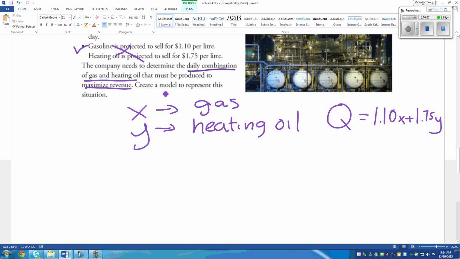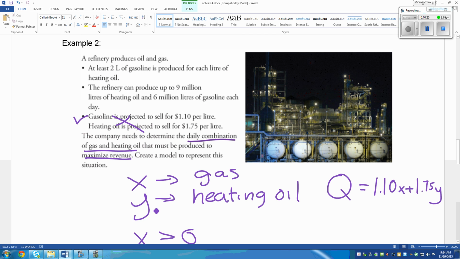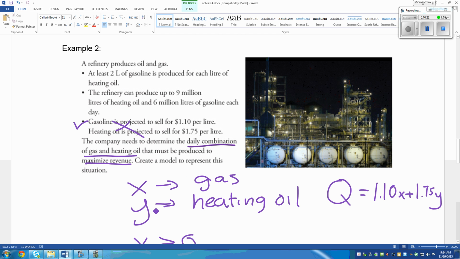So then we write x has to be greater than or equal to 0, and y has to be greater than or equal to 0. The second thing I look for is whether there are max amounts that can be produced. So there's minimum, is there max? Okay. 9 million of heating oil, 6 million of gas.